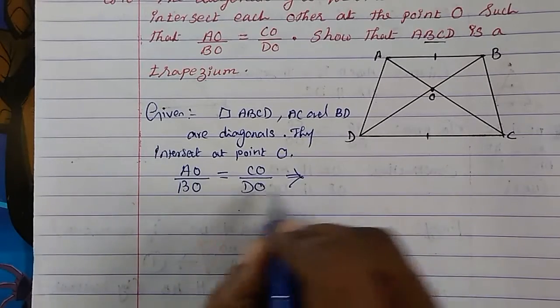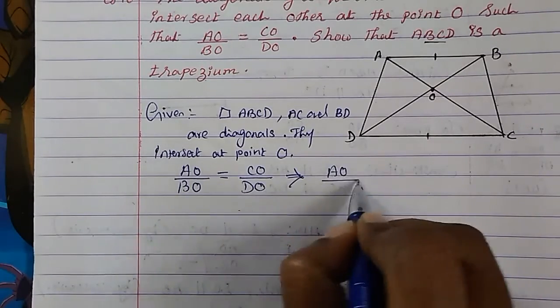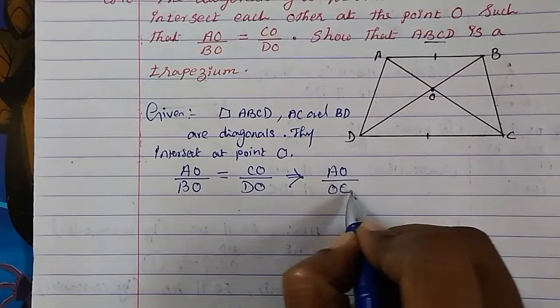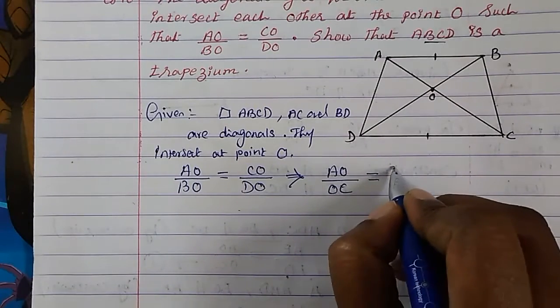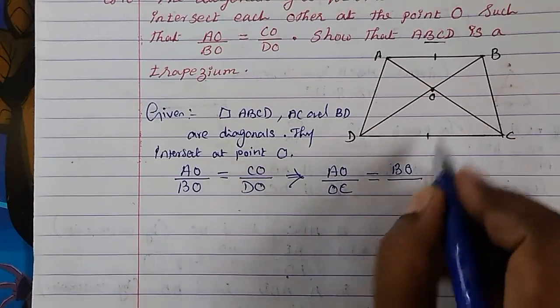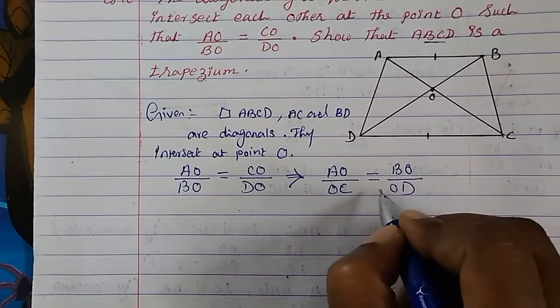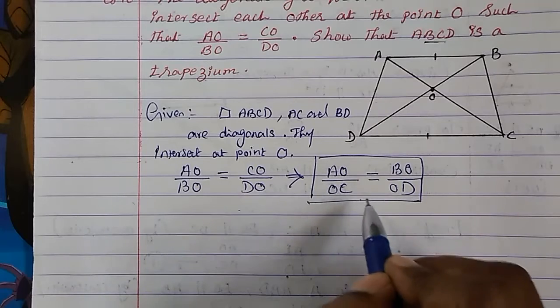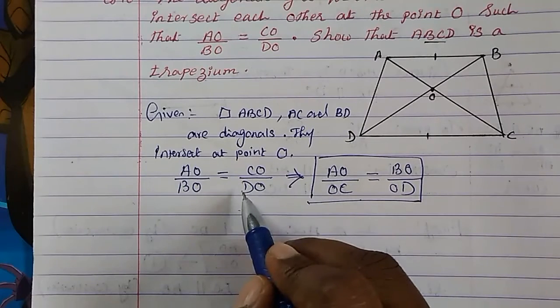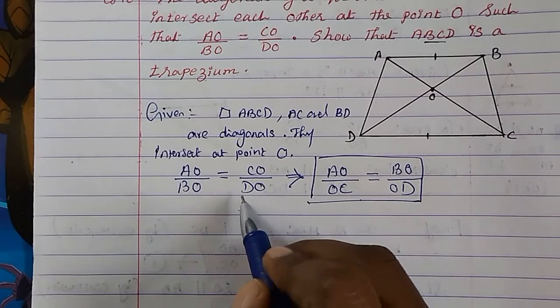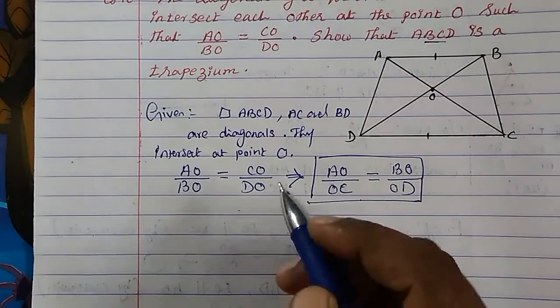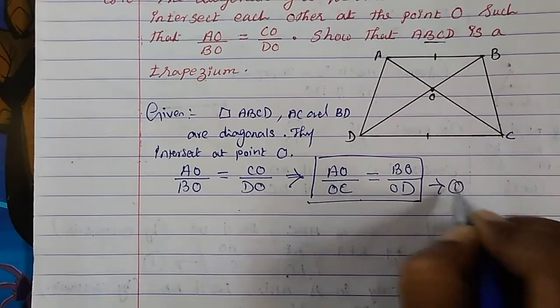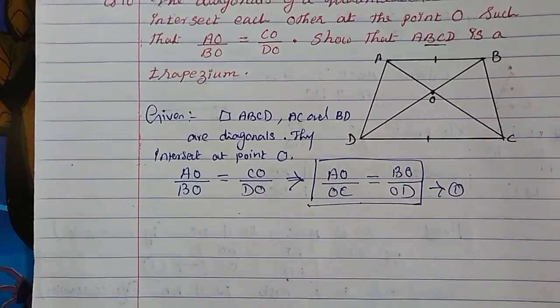So we will write AO upon OC equal to BO upon OD. Once we prove this, you can convert it into the original form. So this we consider as equation 1.